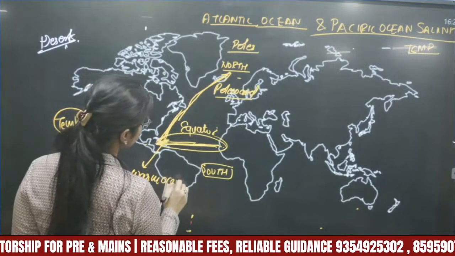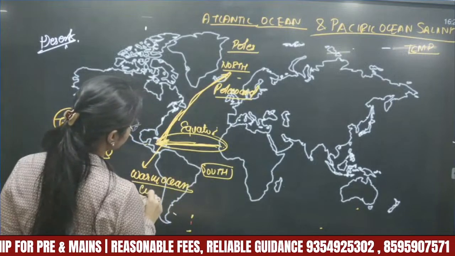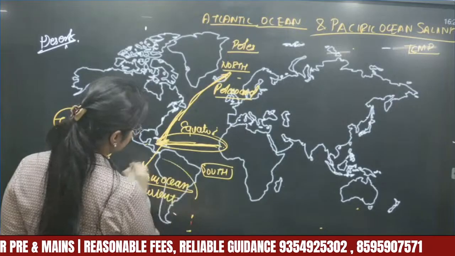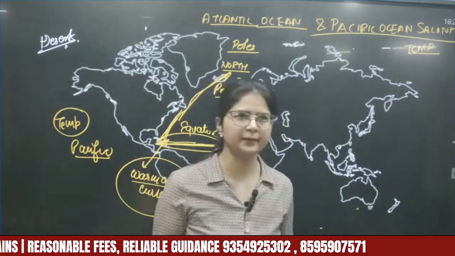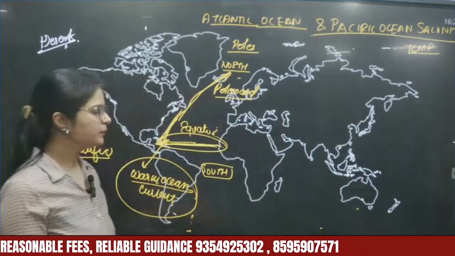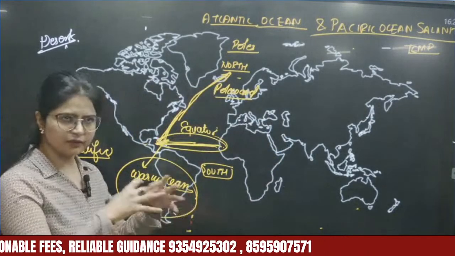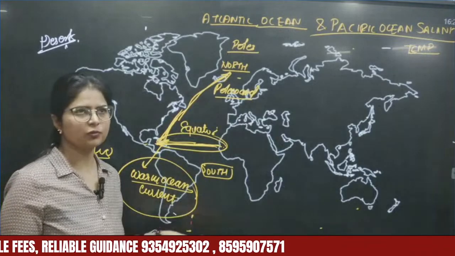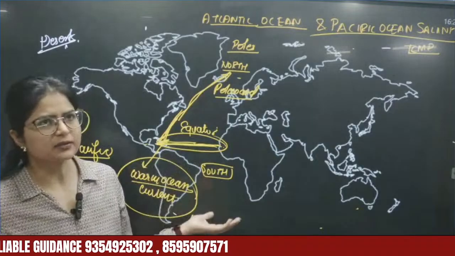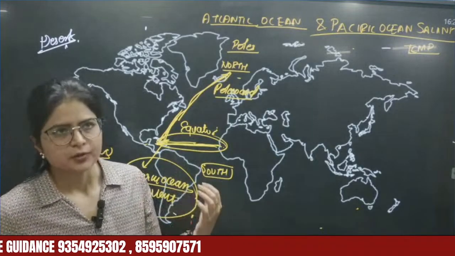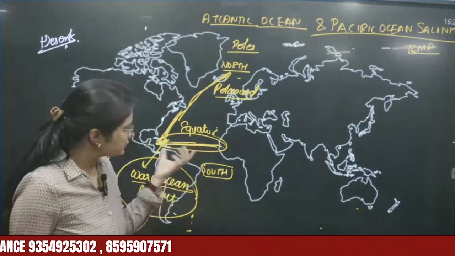You must have read it in GS, although we are going to do the warm ocean current very soon. I mean, ocean currents as a topic, we are going to do it in detail. But right now, just assume that this Gulf Stream, even if you have not done anything related to oceanography in your GS, then also it can be easily understood. Why? Because I'm just telling you that Gulf Stream is warm in nature.